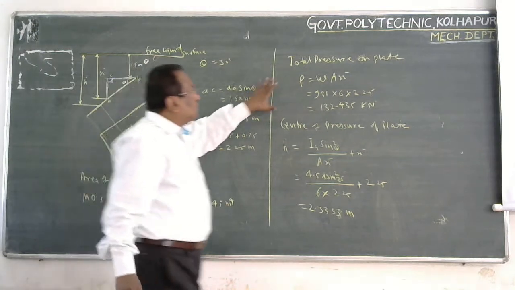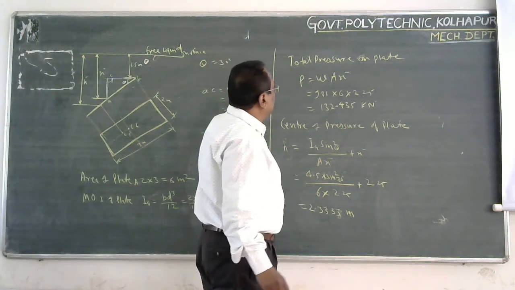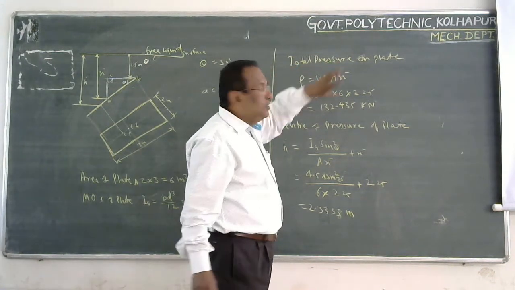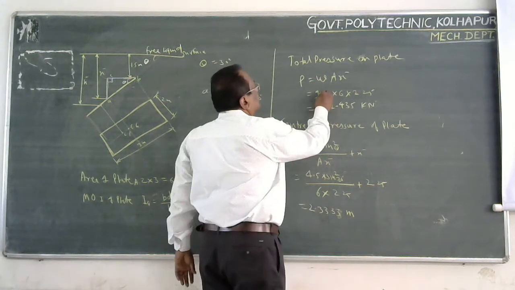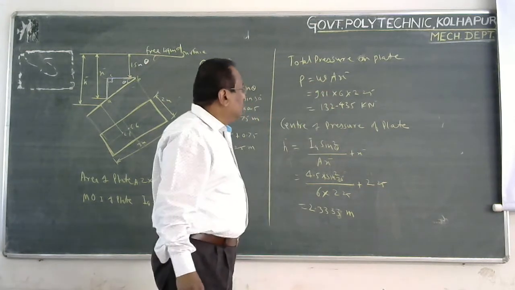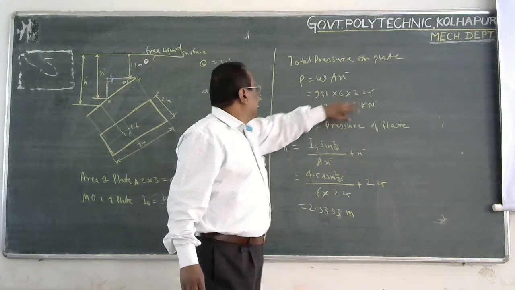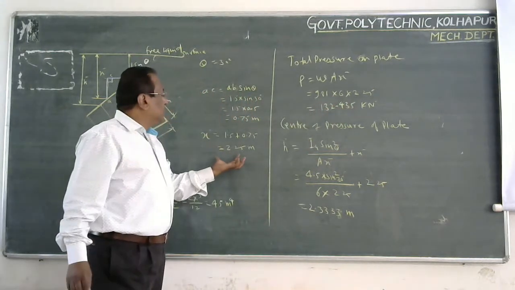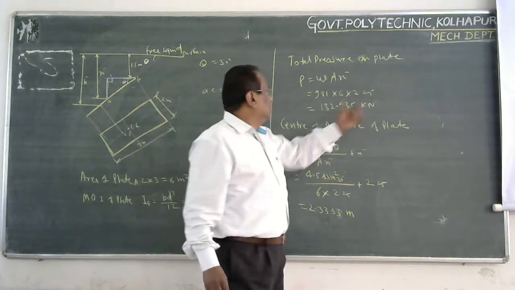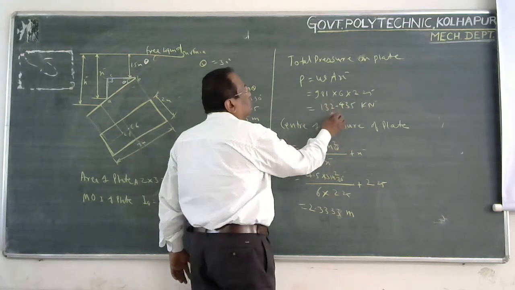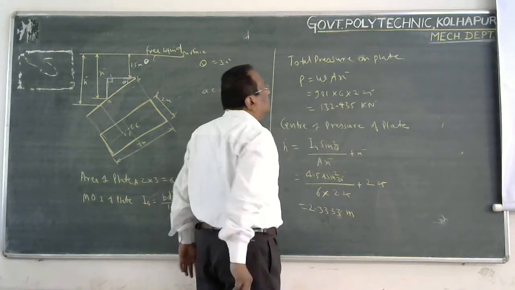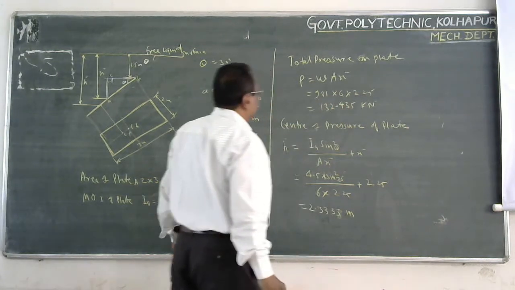So for the total pressure on the plate, put these values in the formula. P is equal to w A x bar. W is 9.81 kilonewton per meter cube. A is the area of the plate, that is 6 meter square. And x bar, just now we calculated, is 2.25 meters. This comes out to be 132.435 kilonewtons.